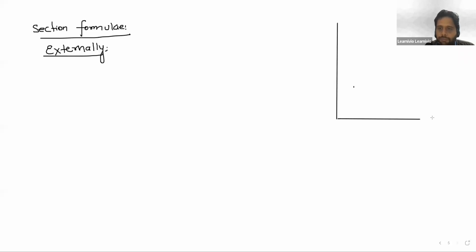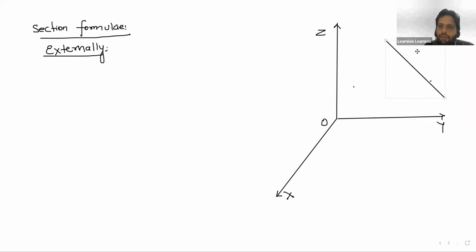So please check here. You don't need to change anything. Put everything as it is in the formula. So it is A, it is B, and in this case, the C will lie outside AB.